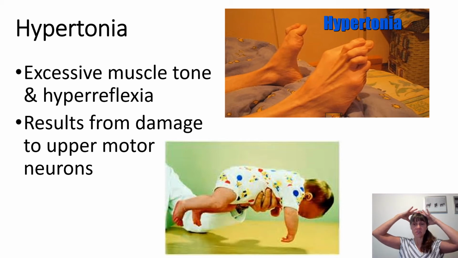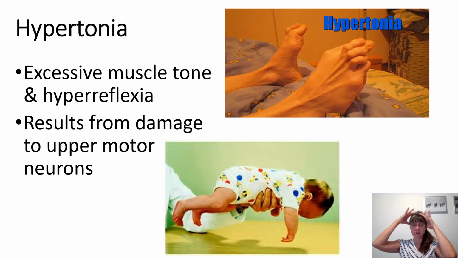The signal to contract actually starts from the primary motor cortex in your brain. That's where the upper motor neurons live. These neurons have axons that travel down through the spinal cord and will communicate with the neurons in the spinal cord. So upper motor neurons in the brain, lower motor neurons in the spinal cord.